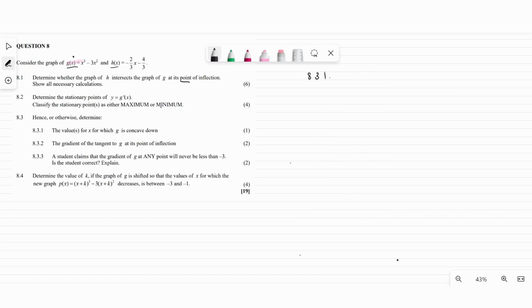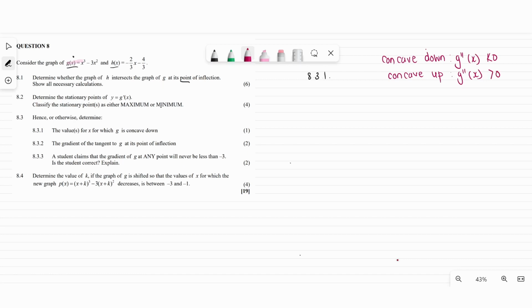So now question 8.3.1 says, hence or otherwise determine the values of x for which g is concave down. I'm going to give you a few notes in pink. Concave down, you basically need to find the second derivative of x when this is less than 0. Then concave up is the second derivative when this is greater than 0.